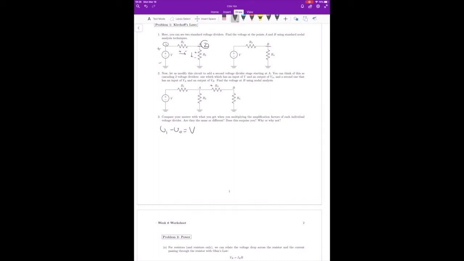Then we do it across the resistors, and we know that voltage across resistors is just the current across the resistor times the resistor value. That's by Ohm's law. Remember, we take the positive one and then subtract out the negative node, since we arbitrarily labeled node 1 to be at a greater voltage than node 2.